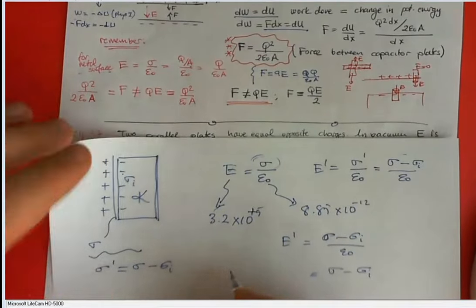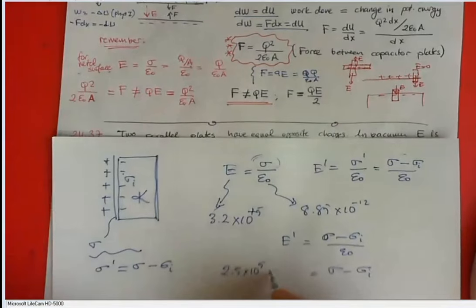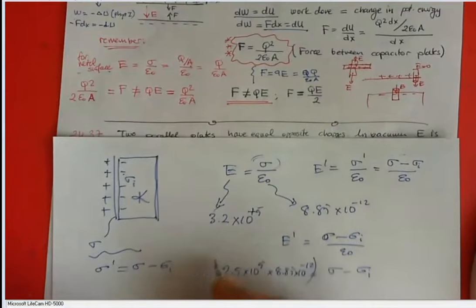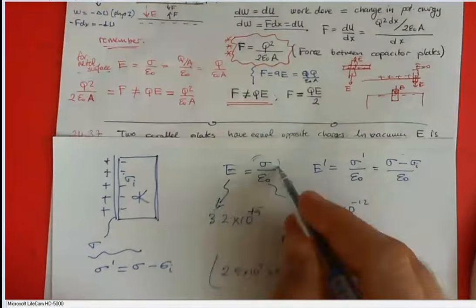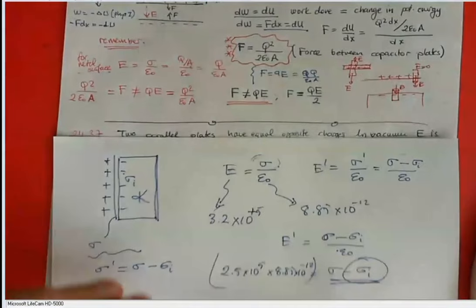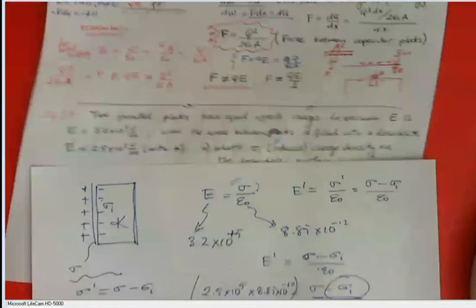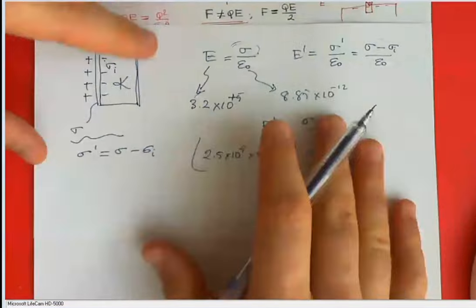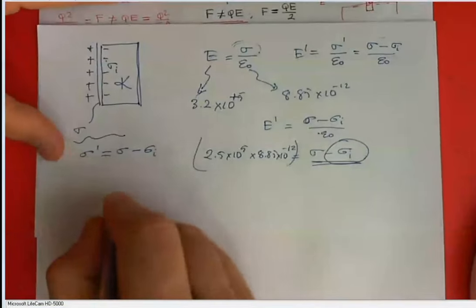So that is 2.5 times 10 to the 5 times 8.85 times 10 to the minus 12, that's epsilon 0. Since I know sigma from here, I can find out what sigma induced is. So that's maybe just a review of the last lecture.